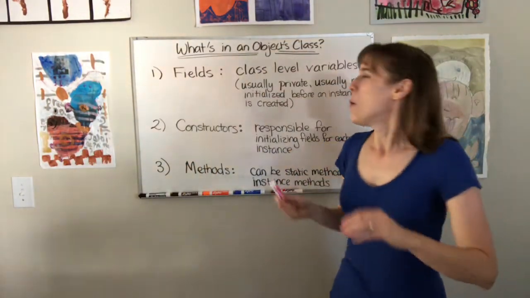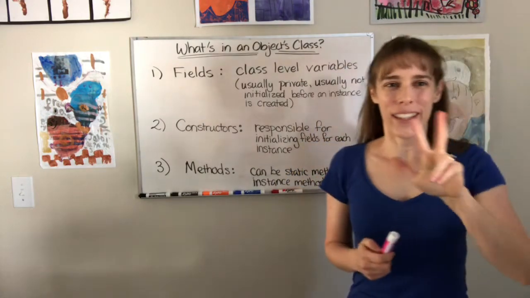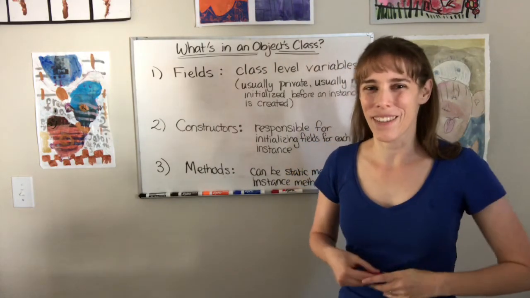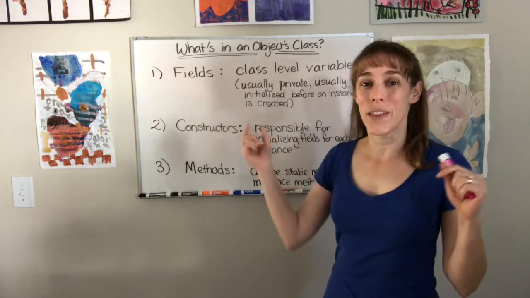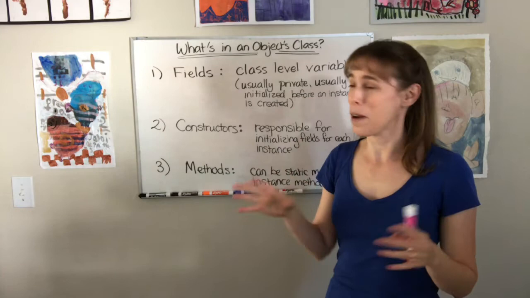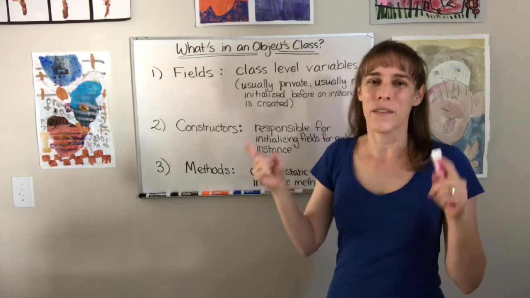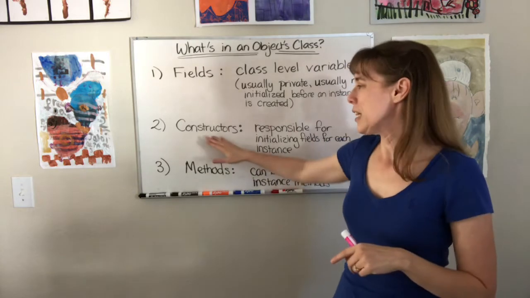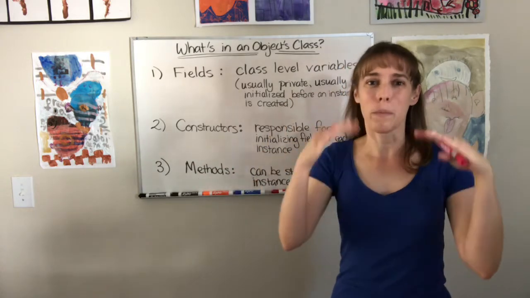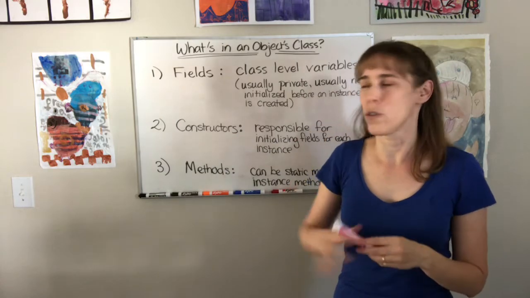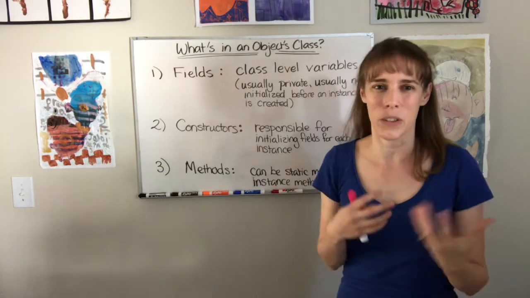All right. What is in an object's class? There are 3 things that I want you to expect inside of an object's class. I want you to expect fields. Those would be the variables listed generally at the top. There will be constructors that set the values of those variables, at least initialize them, and then the methods that come down below there that you use to work with those fields and the data that's stored in there.